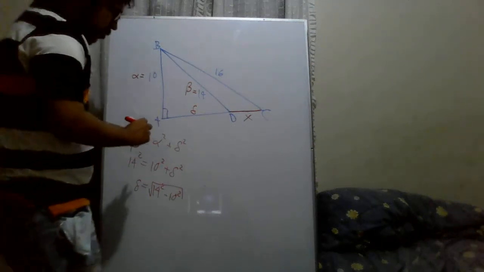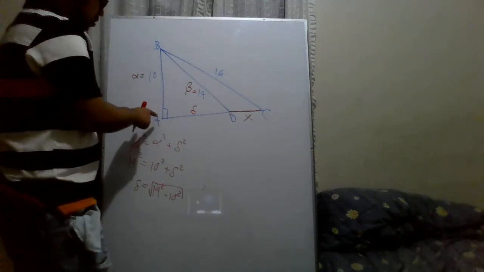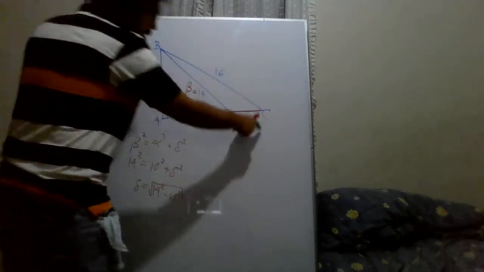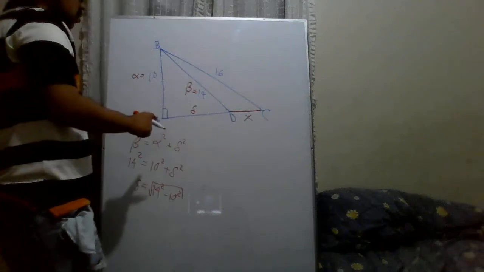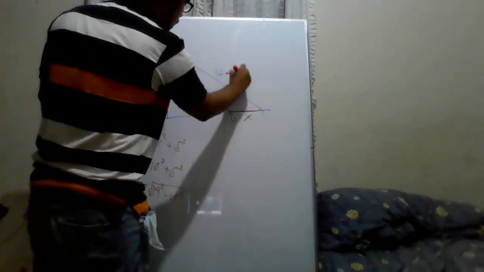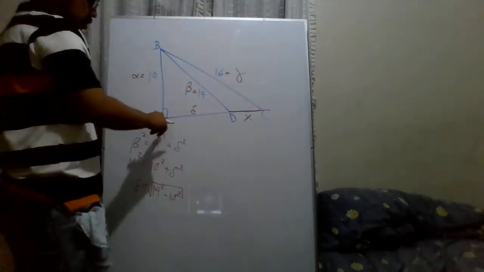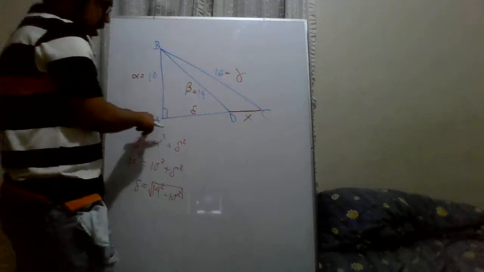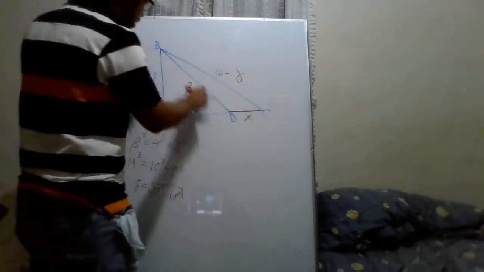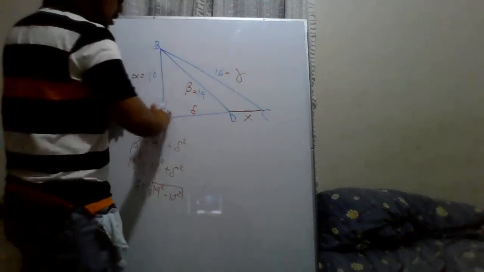Do this calculation and you have delta. And now let's focus on the triangle ABC. Let's call this side gamma. The side BC is gamma, and the side AC, which is one of the legs, is the hypotenuse of the triangle ABC, and this is one leg, this is the other leg.